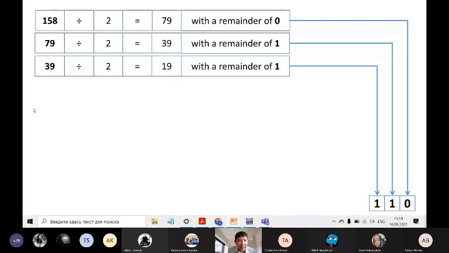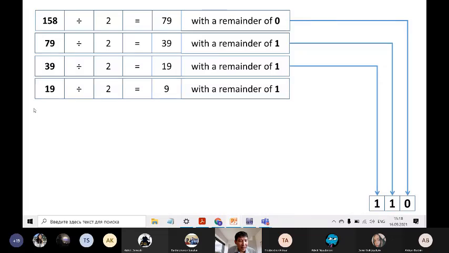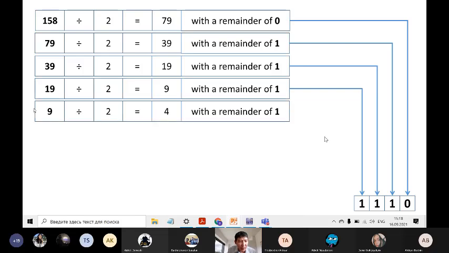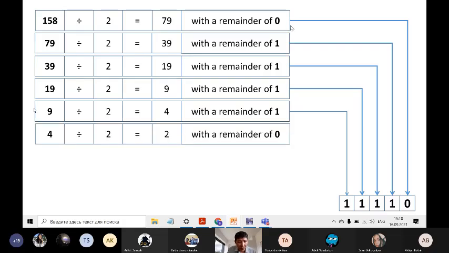Then we continue dividing. 19 divided by 2 will give us 9 with a remainder of 1. So we will place it here. Next, 9 divided by 2 gives us 4 with a remainder of 1. And of course we will place it here and continue.